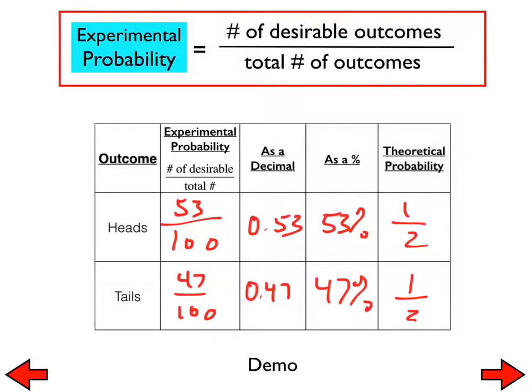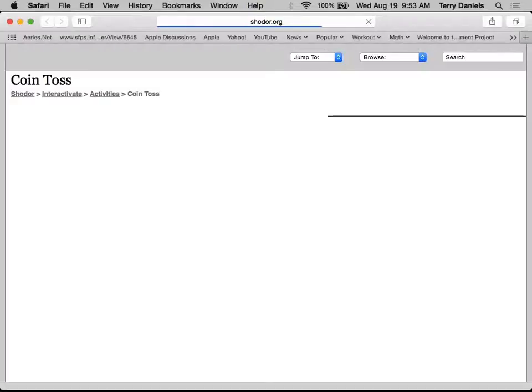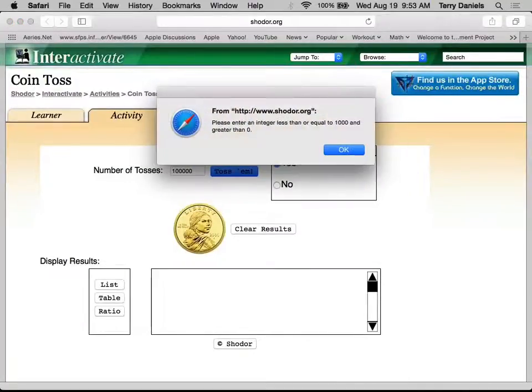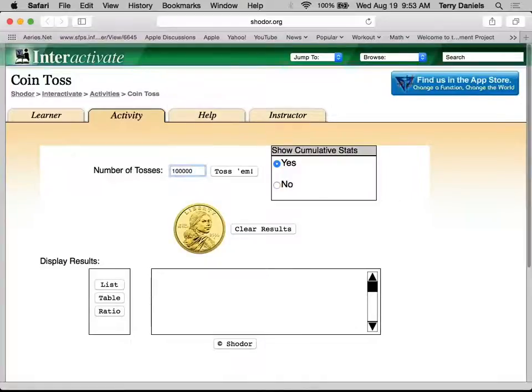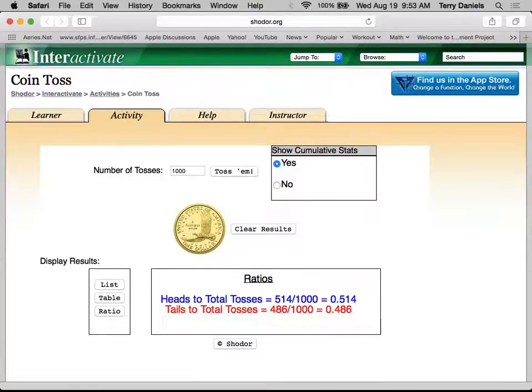In fact, I'd like to do that. I'm going to go back to this, and I'm going to flip some more here. I don't know how many it'll let me. There's 100,000. Let's see if it'll let me do that. Nope. 1,000 is the most I can do at a time, anyway. So here's 1,000. Let's see how close we get. I'd rather see the ratio.